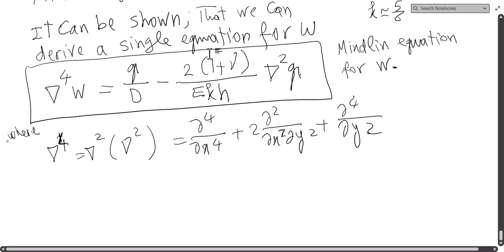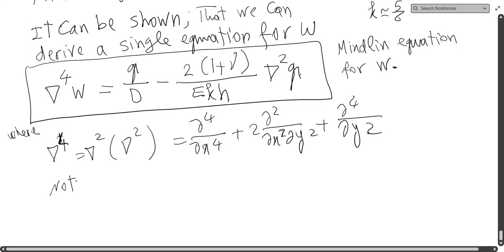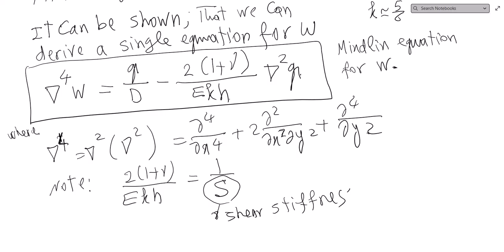This quantity here, 2(1 plus mu) over EKH, if you work it out, is actually 1 over S. This S is actually shear rigidity, or if you like, shear stiffness.